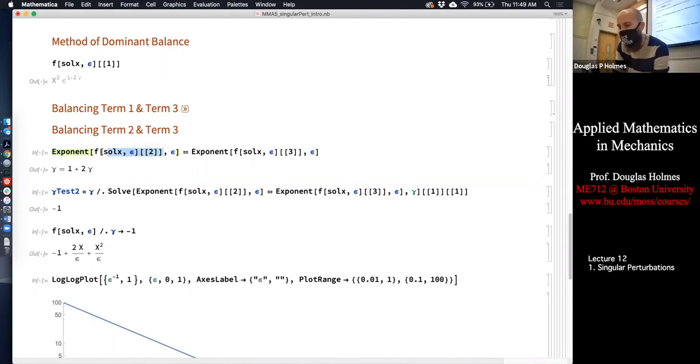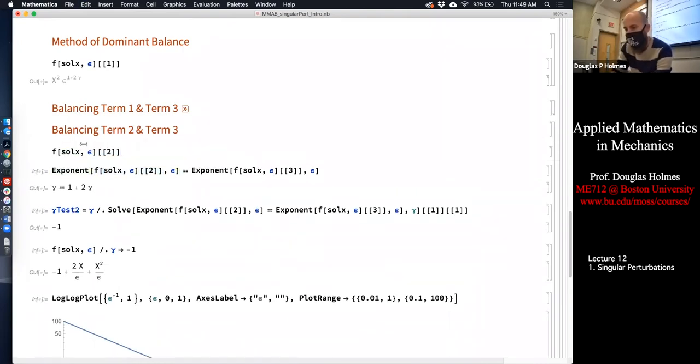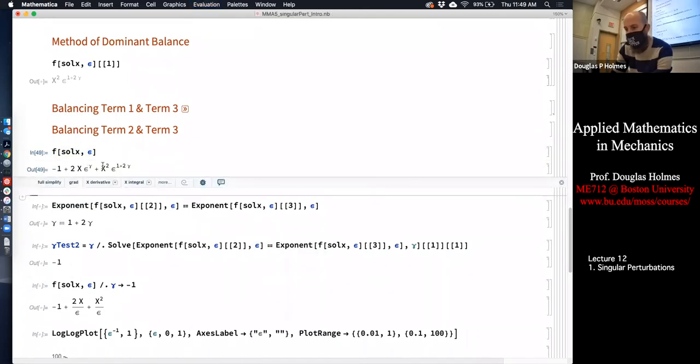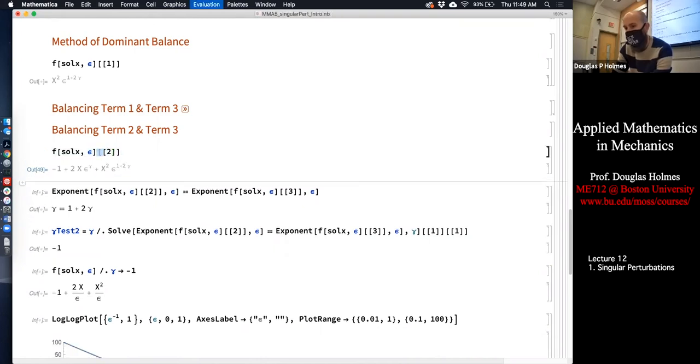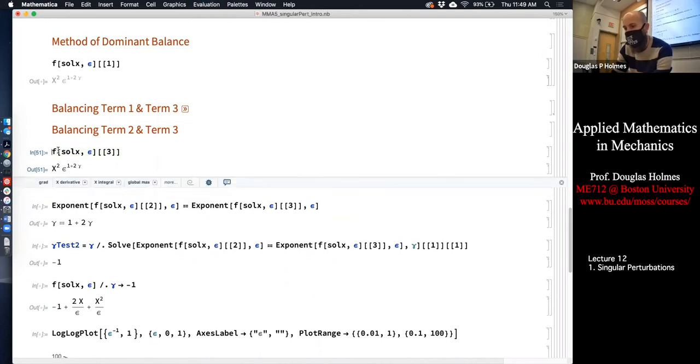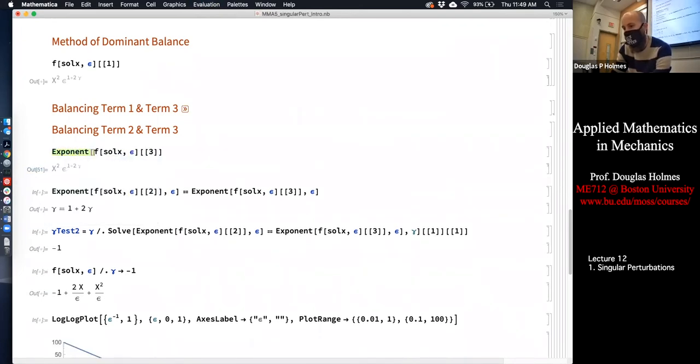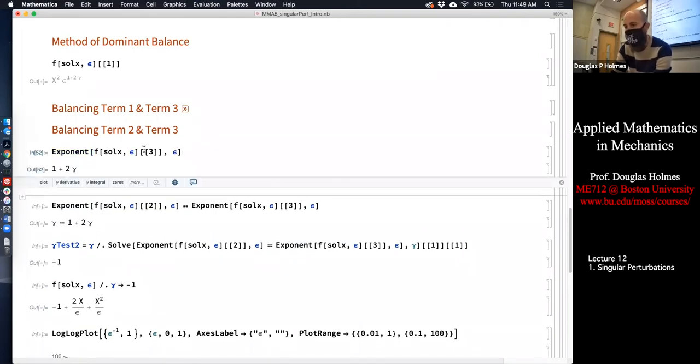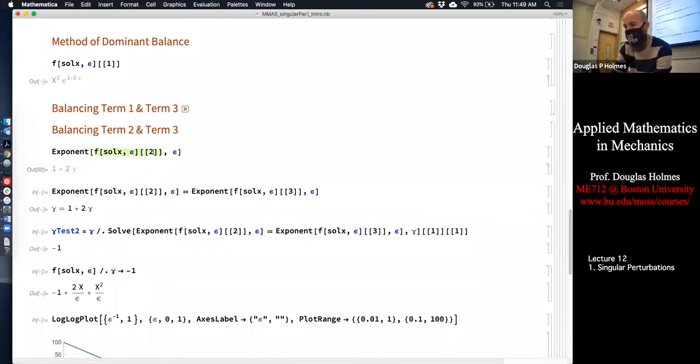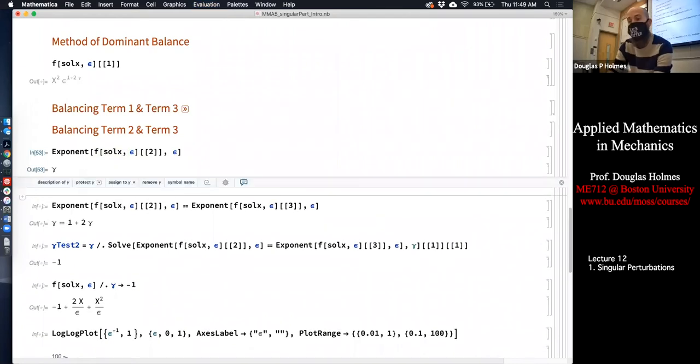I'll remind you, this is our expression. The second term is this one. The third term is this one. I'm looking for the exponent on the epsilon in the third term, and I want to balance that with the exponent of the second term, which is gamma in this case.